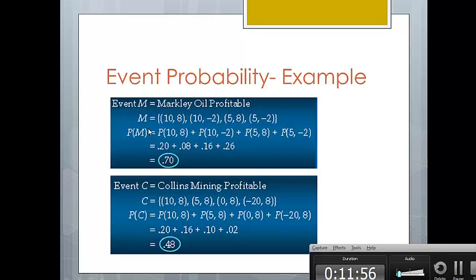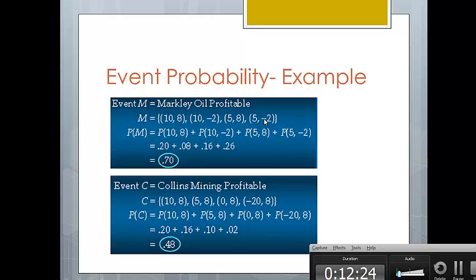So the probability that Markley Oil would be profitable would be the sum of the probabilities of each of the occurrences where Markley Oil is profitable, irrespective of what happens with Collins Mining. So if we look at this first section here in event M, you see that we have a positive number in each of the first sets here: a 10, 10, 5, 5.